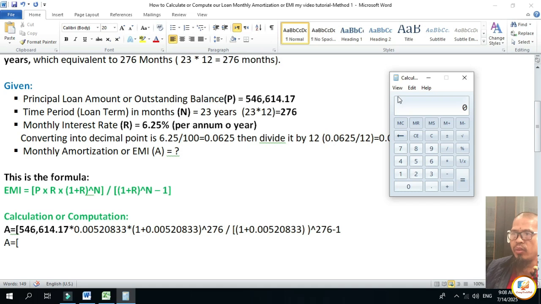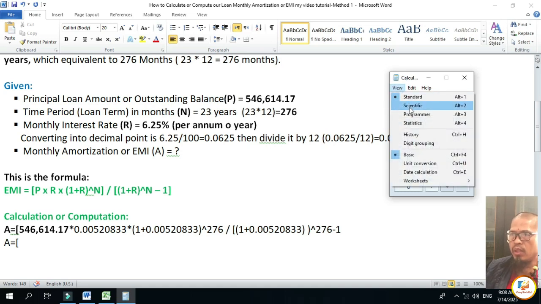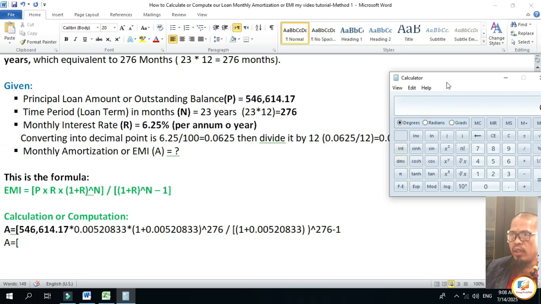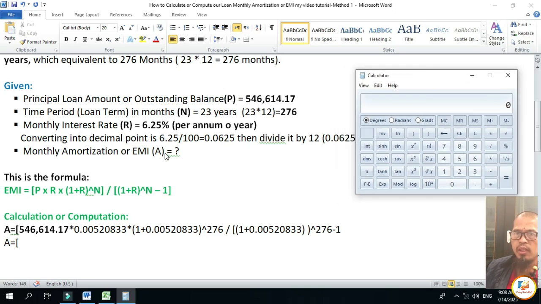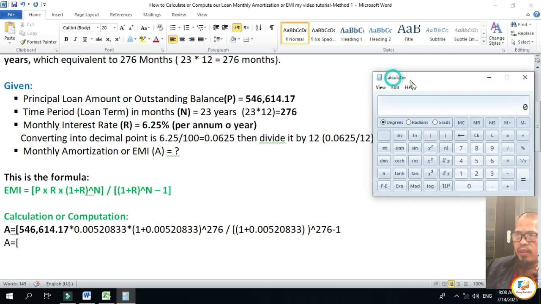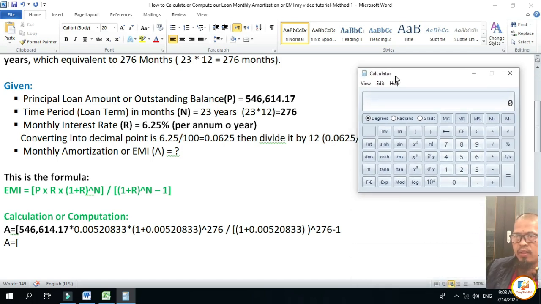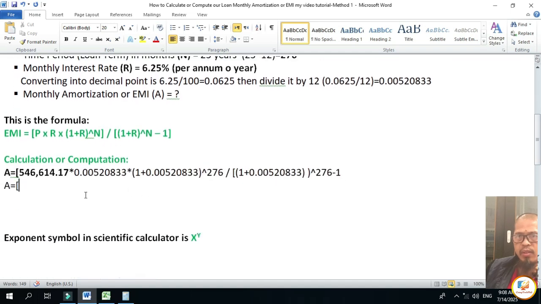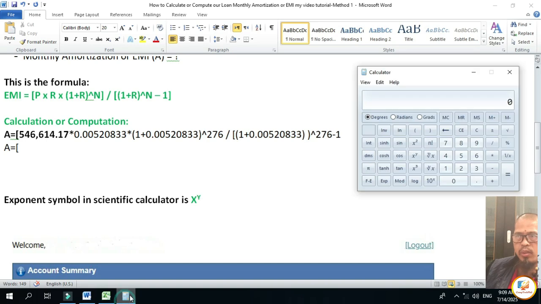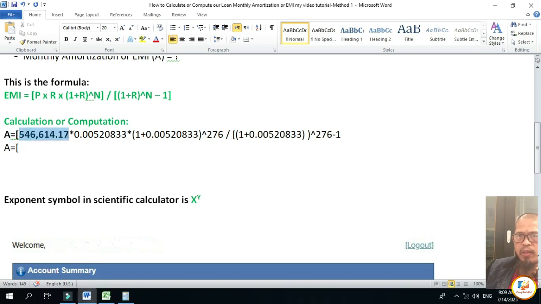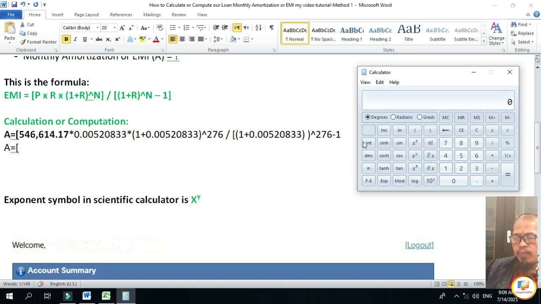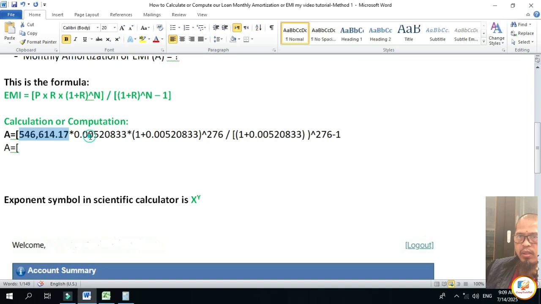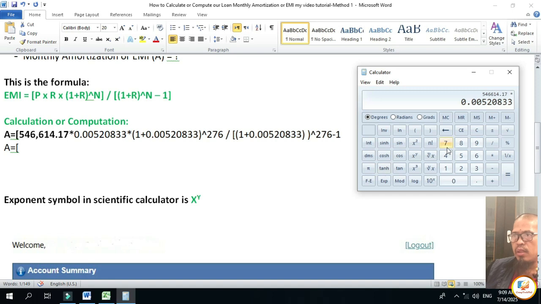We need the scientific calculator, so click View, then click Scientific, because we need to compute the exponent. Now we're going to multiply this one, just simply copy to make it easy, times this one, and equals.